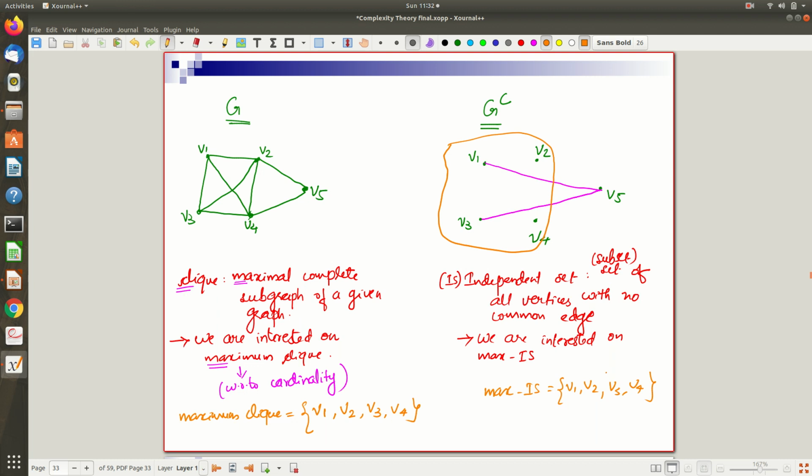Whether it is maximum or maximal, both are fine. We can always try to find maximal cliques here and there. In the case of Facebook, that will find application, and sometimes maximum also has application. If you find a maximal clique, say 1000 people, everybody is connected to each other, everybody is a friend of someone else.